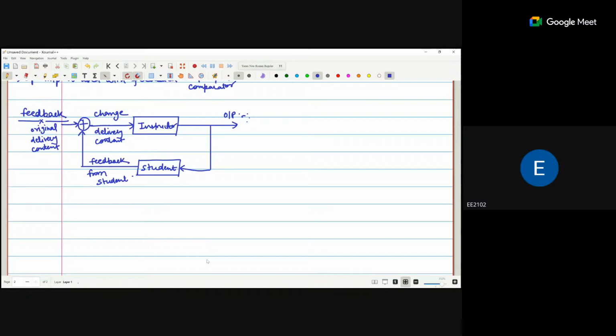Okay. This is a normal general feedback system. Now if I take it for the automation part, for the electronics part, everywhere we require feedback. For example, I operate a fan. This is my fan. I am getting the output in the form of fan speed.